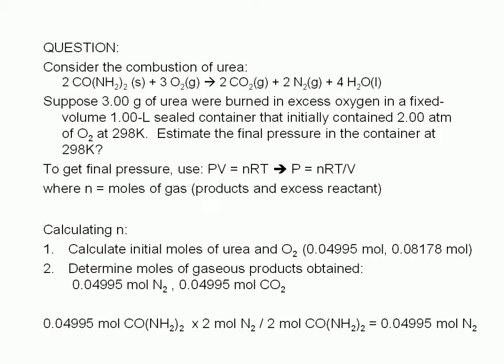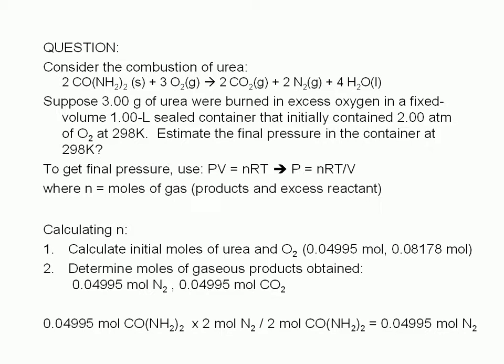Complete consumption of 0.04995 moles of urea will yield 0.09990 moles of nitrogen and 0.04995 moles of carbon dioxide. Here's how we calculate the amount of nitrogen produced.